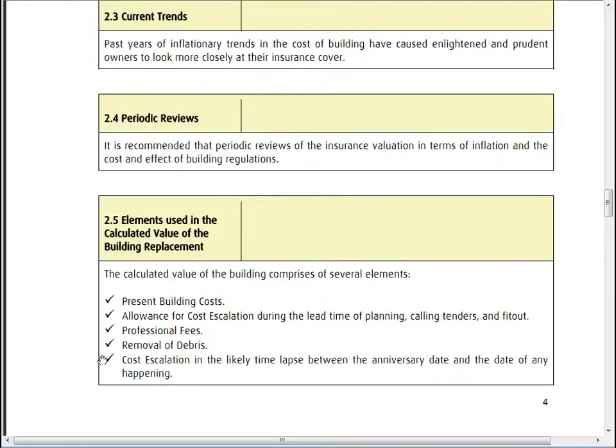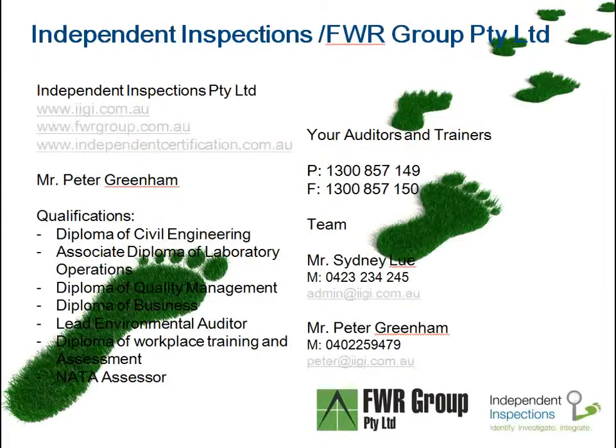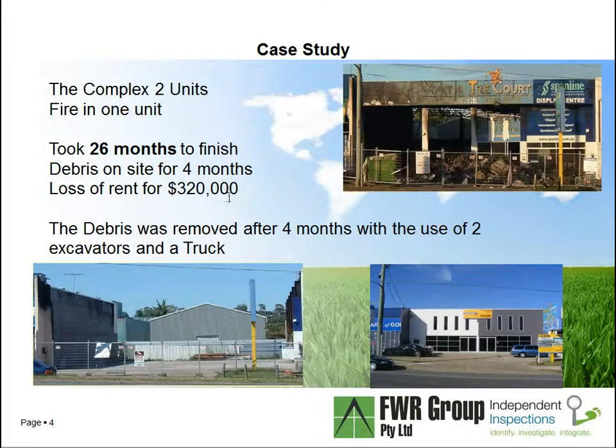As we saw in this building, we had 26 months from stage 1 to its final stage. So there's a fair bit of a gap in between. The original quotes you got to replace the building will be different by the time you get to this stage, especially after nearly 2 years have gone past.